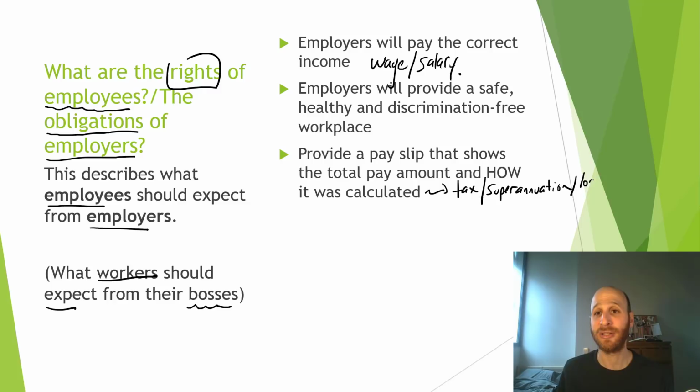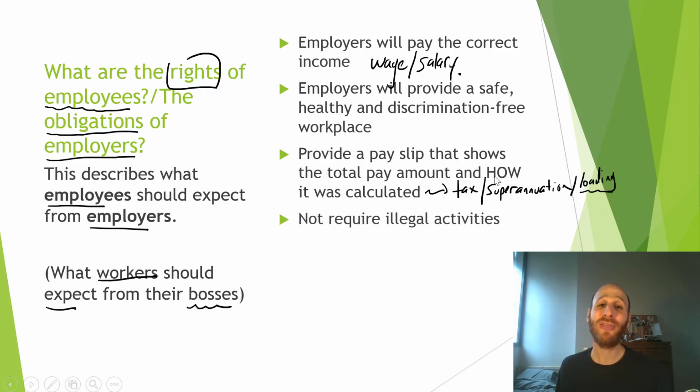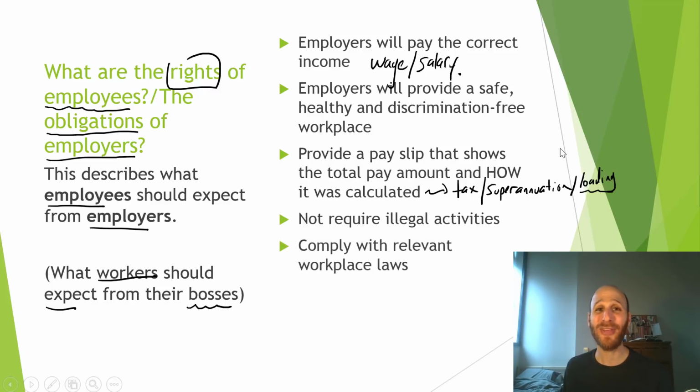Is there any loading that I'm getting with my wages? The other thing is that employers cannot require you to do illegal activities. They cannot do that. If they're asking you that, well, that in itself is illegal. The other thing is that employers must comply with relevant workplace laws.